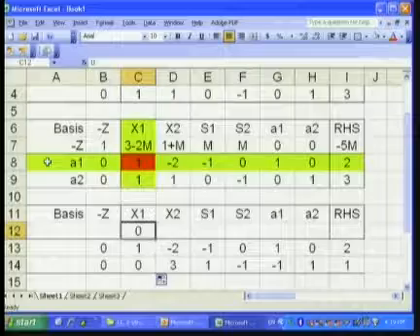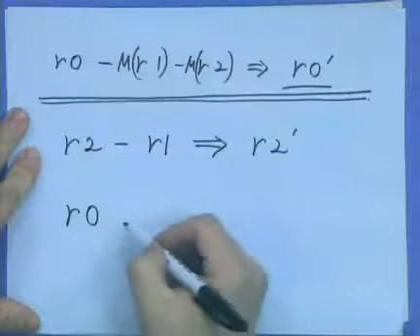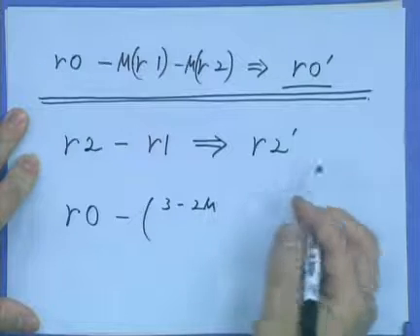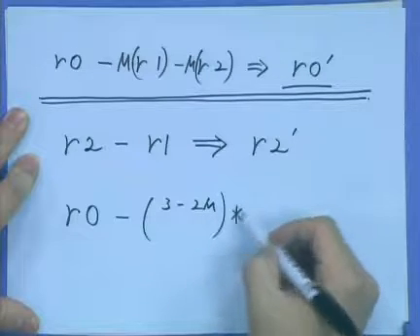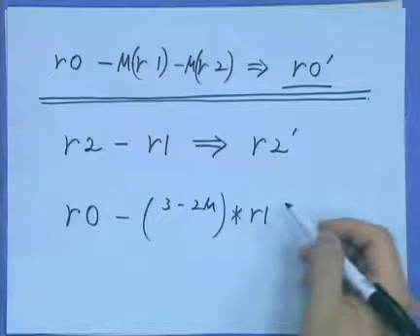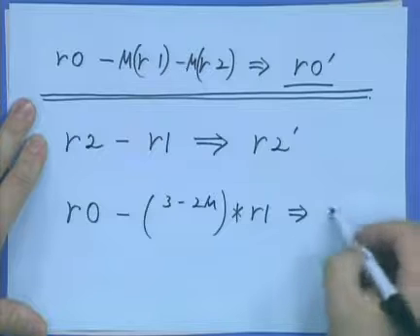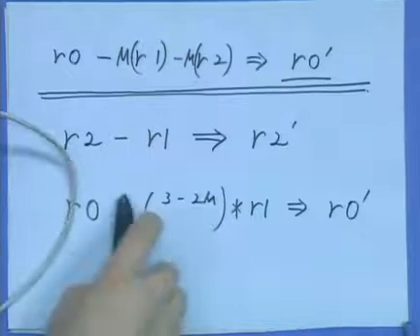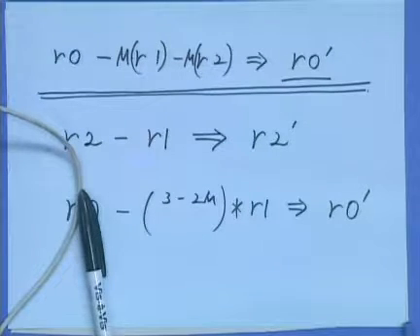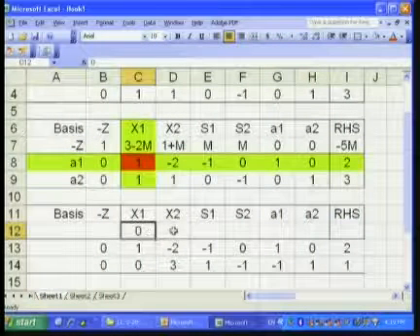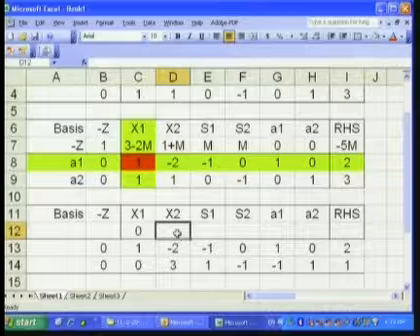So the first row, R0 minus 3 minus 2M times the first row, the pivot row, becomes the objective function row. So that's going to be just 0. But what about this?